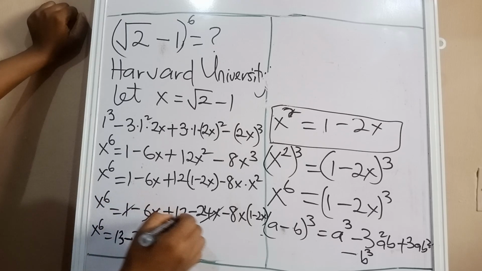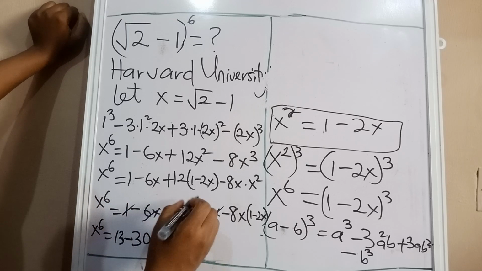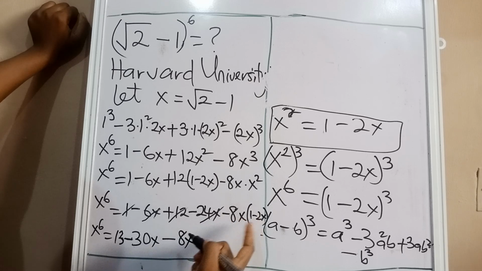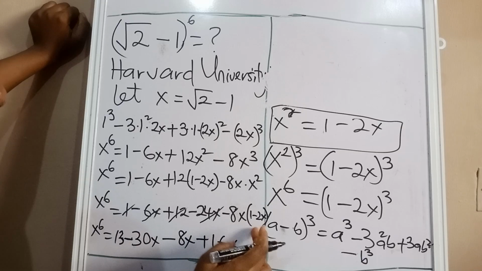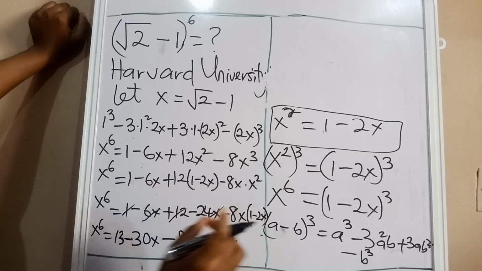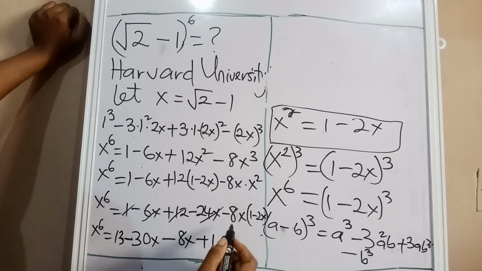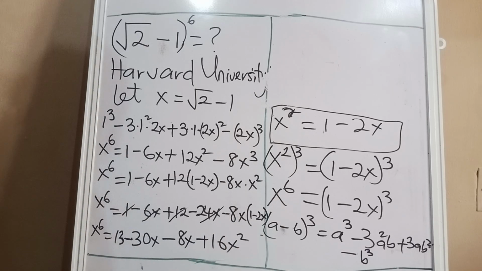All right, so we're done with this. We're left with minus 8x times (1 minus 2x). We have opened the bracket already, and this gave us minus 8x, and minus times minus gives us plus. 8 times 2 gives us 16, and x times x gives us x squared. I checked.